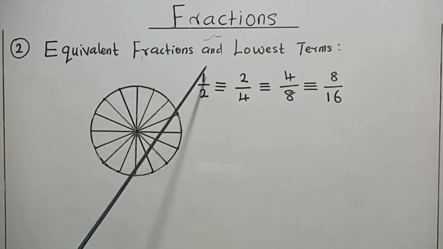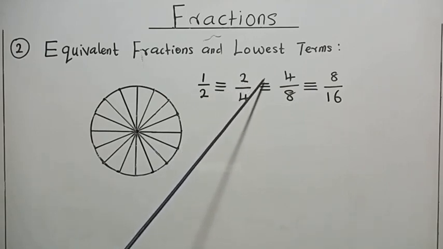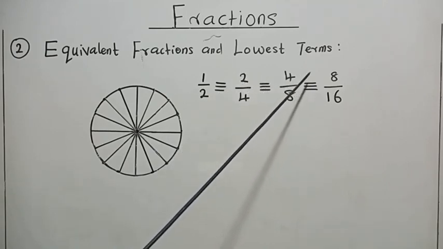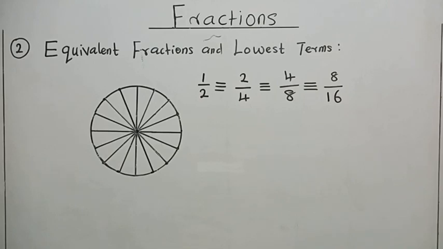It therefore means that 1/2 is equivalent to 2/4, also equivalent to 4/8, also equivalent to 8/16. At this point, how do you think you should define equivalent fractions? Think about it before I write the definition, so you can compare what you have been thinking with what I will write.